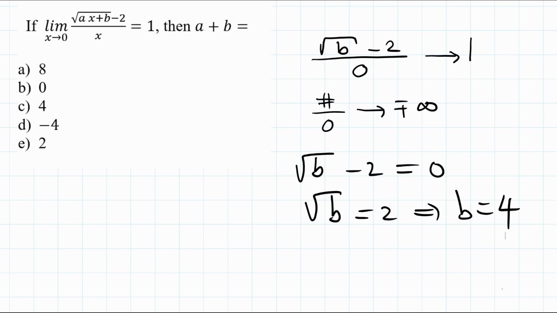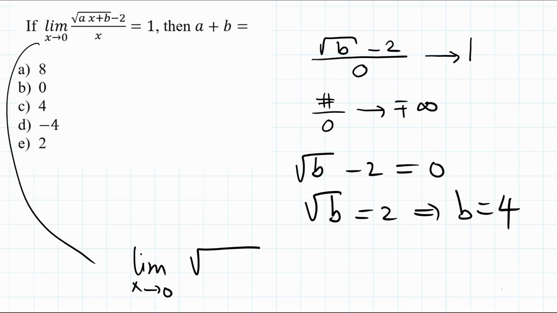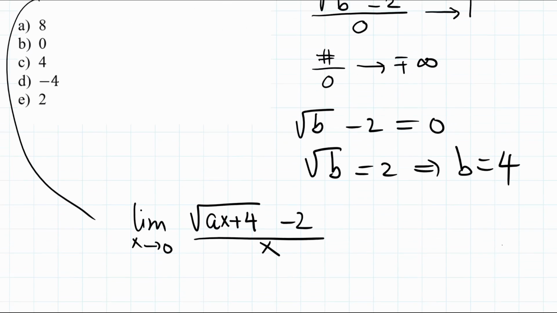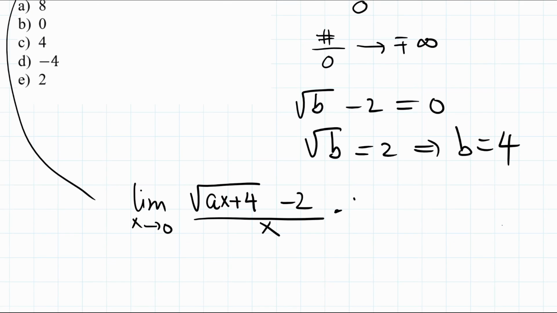Now, putting things back into the expression, this limit is going to be equal to the limit as x goes to 0 of (the square root of ax plus 4, minus 2) divided by x, and I will just as usual multiply by the conjugate here, which is the square root of ax plus 4 plus 2, divided by the same thing.